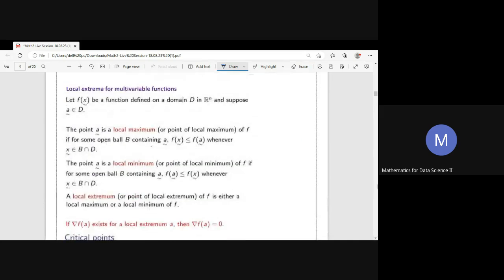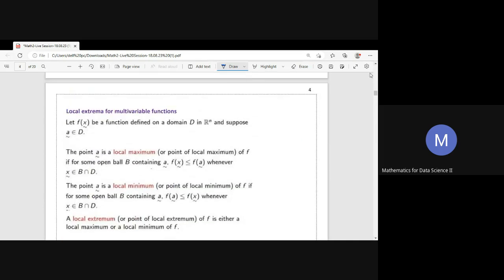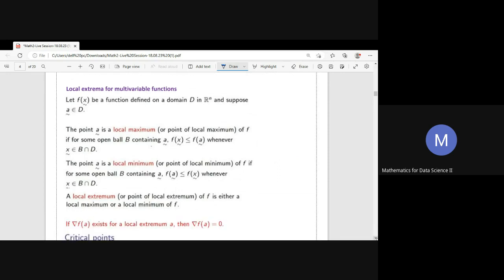So after this, as I told you in the previous session, there were three important topics which we covered. The first one was the steepest ascent and descent, then the tangent concept, and then the local extrema and global extrema. So here, what are local extrema for multivariable functions?